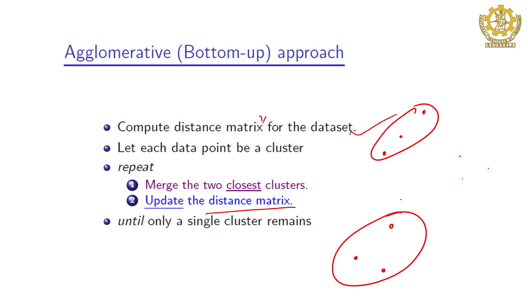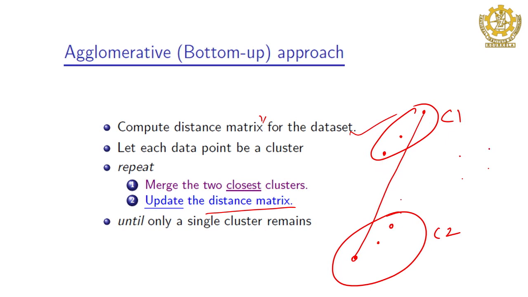If you use single linkage, what will be the distance between the 2 clusters? It is the distance from C1 to C2. If you use the maximum, that is complete linkage, this will be the distance. Let us say this is the farthest point. So, that will be the distance.